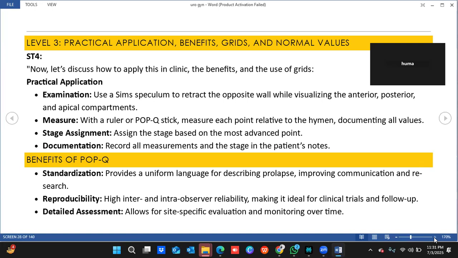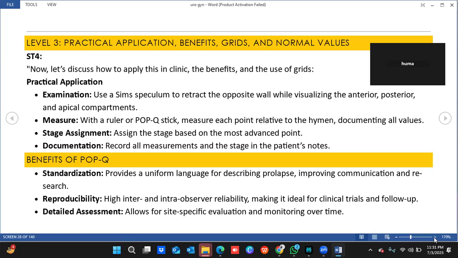We document all the values on the grid. Then a stage is assigned according to the measurement, and we document all the measurements in the grid and in the patient notes. The benefit of POPQ scoring is that it is a standardized method. It provides uniform language for describing prolapse, improving communication and research purposes.